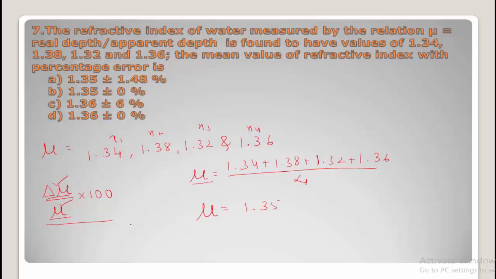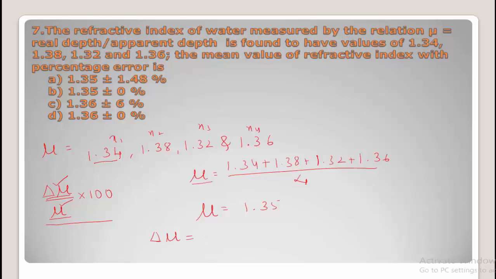Now find the value of delta mu. So already we know that delta mu is nothing but the absolute error in mu. Okay. So absolute error is given by x1 minus x mean. Here delta mu is the absolute error. So absolute error is nothing but the difference between individual measurement and the mean value.